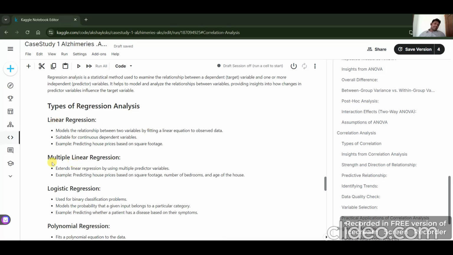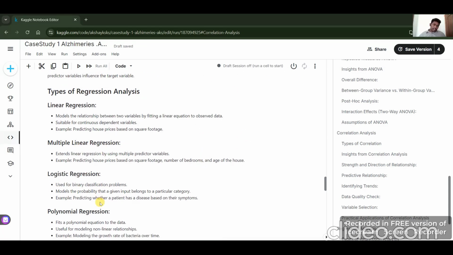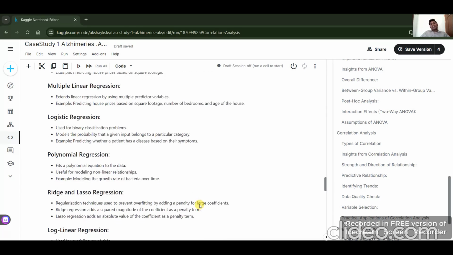Multiple linear regression extends linear regression by using multiple predictor variables, for example predicting house price based on square footage, number of bedrooms, and age of the house. Logistic regression models the probability that a given input belongs to a particular category, used for binary classification problems. Example: predicting whether a patient has a disease based on their symptoms.